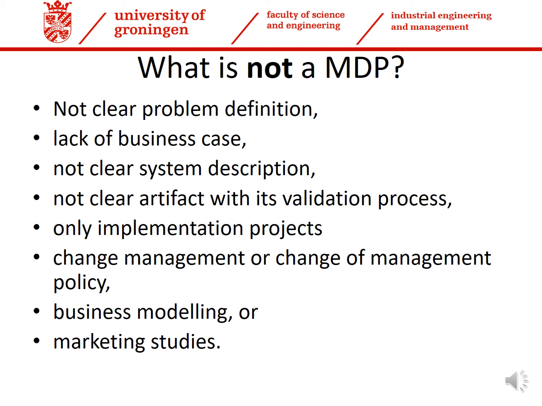It's common to work with managerial issues as an industrial engineering and management student. And when it's about changes in the organization, making the organization more flexible or redesigning the hierarchy or tasks, that sometimes deviates too much from the Faculty of Science and Engineering.